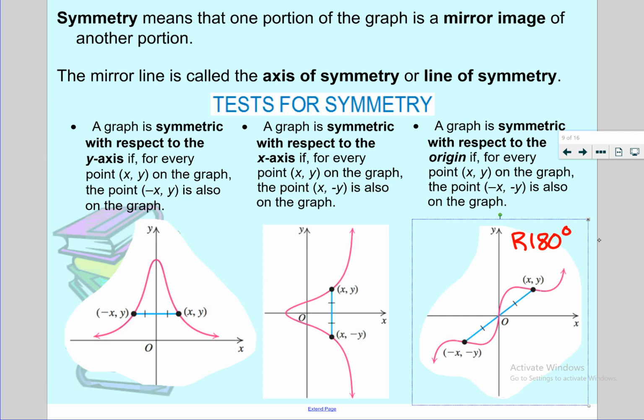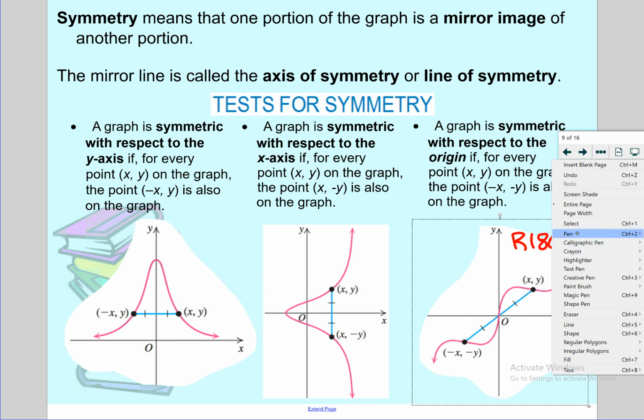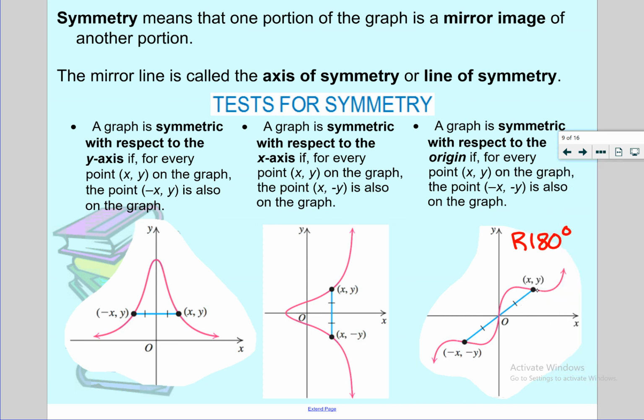What we're seeing in a picture is just maybe a small image if a graph goes on forever in some direction. So we want to make sure it works for all points, not just the part of the graph that we're seeing. So to do that, we're going to look at what actually happens to the points when I flip over the x-axis, y-axis, or origin. Let's say I have a point like (3, 4). And I take that point and I flip it over the y-axis.